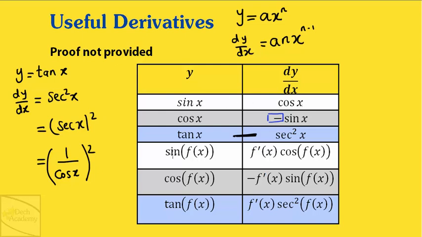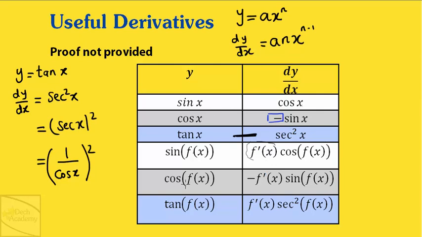So the derivative of sine of f of x has the cosine of f of x in it. This is just a technique for remembering it. So if you differentiate sine x, you get cos x. So differentiating sine of a function of x gives you the cosine of a function of x, but you just need to remember to multiply by the derivative of that function.